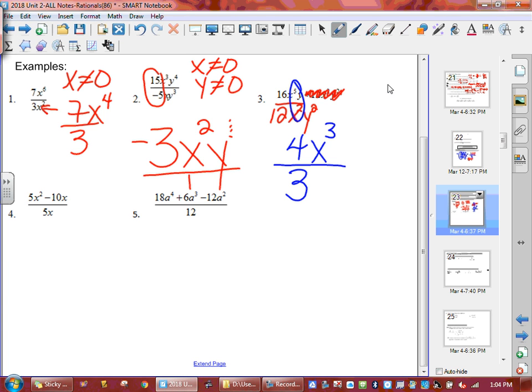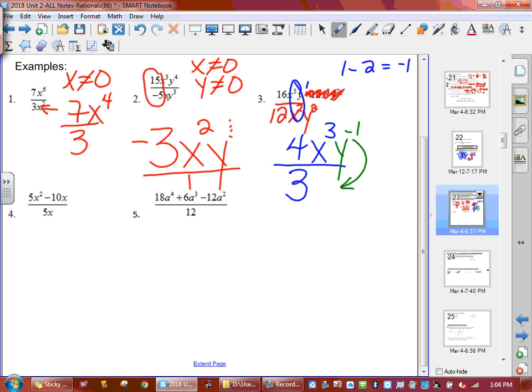So if I go y1, subtract 2, I'm going to get negative 1. So I would have y to the negative 1 on top. Because when we first solve everything, they all go on the top. But this is the quick trick I wanted to mention. If you already understand that you're going to get a difference of 1, and that the guy on the bottom is bigger than the guy on the top, this guy's going to have to go down to the bottom in order to lose that negative.